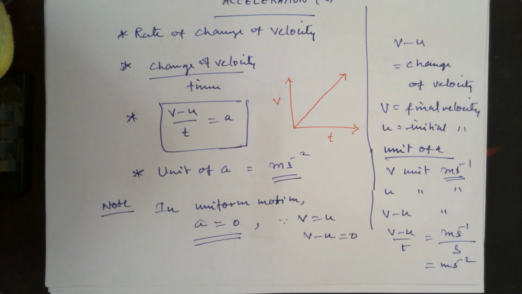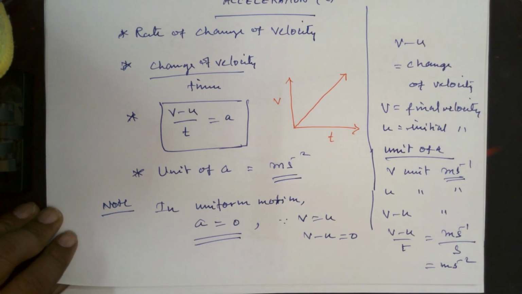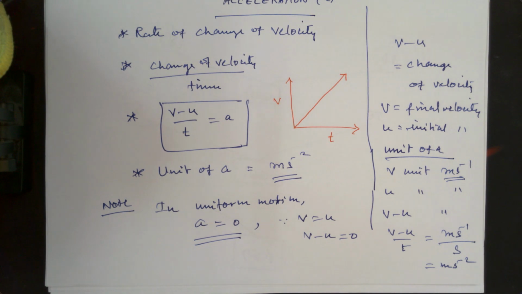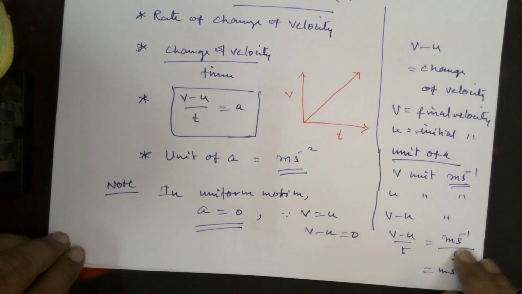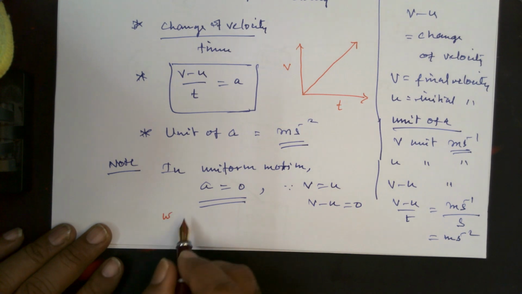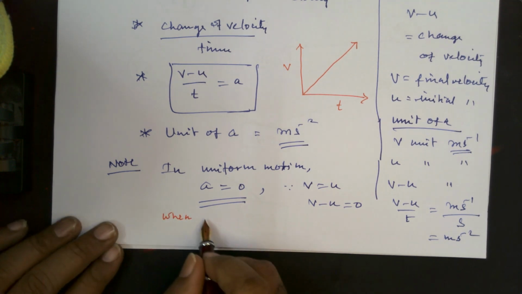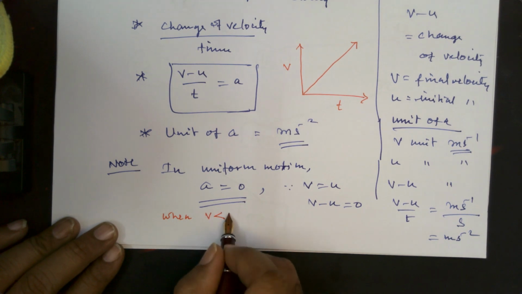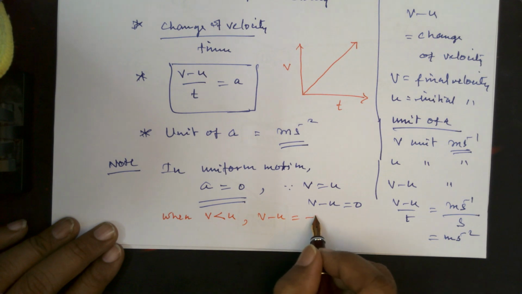When the acceleration is negative, it is called retardation. It means when v is less than u, in that case v minus u becomes negative.